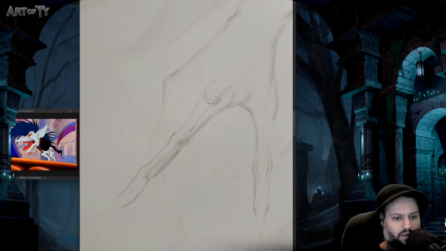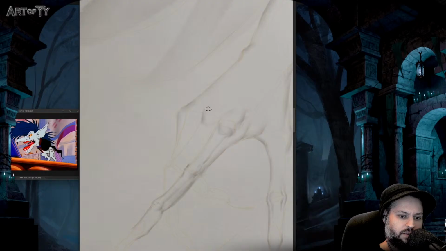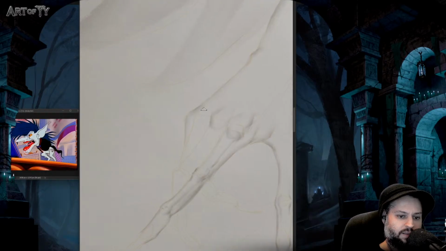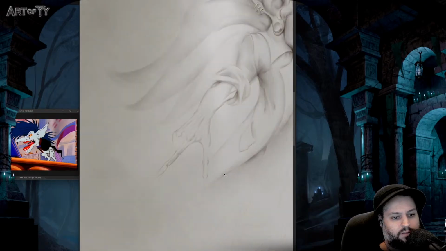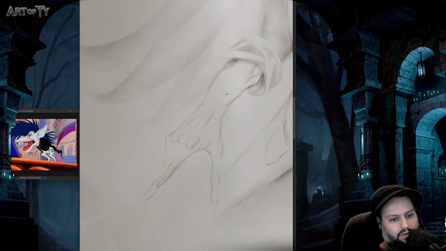Yeah, think about where that knuckle is. I tend to put in little diamond shapes for that. And then think about the hand bones coming up off that. Remember that they all kind of come to a point here more toward the middle. There's a fan that they form.